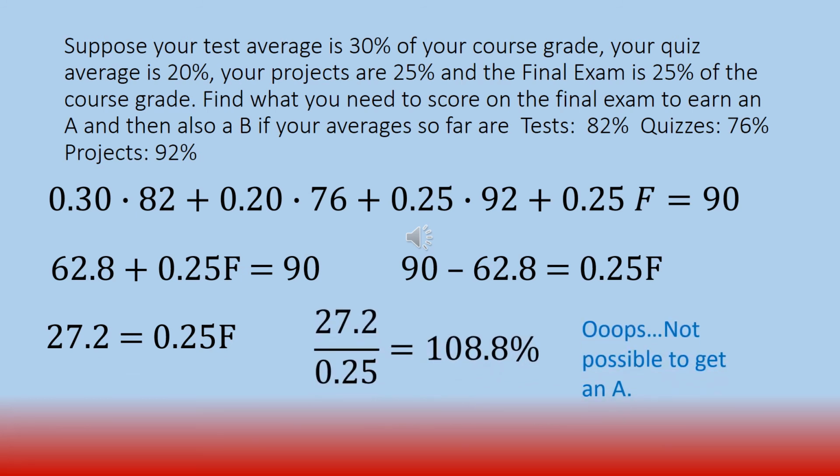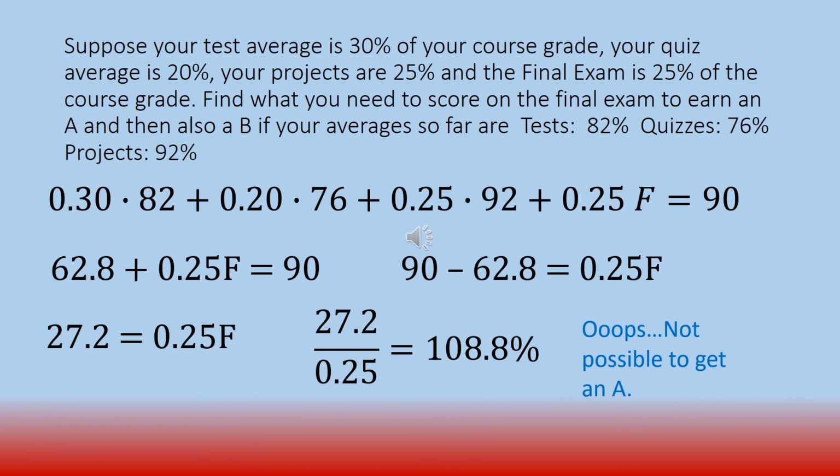Your test average was an 82, so taking 30% or 0.3 times 82 and adding it to 20% of your quiz average of 76, so 0.2 times 76, plus 0.25 times your project average, which was 92, that'll create a number, which is actually 62.8, to be added to 0.25 times your final exam score.